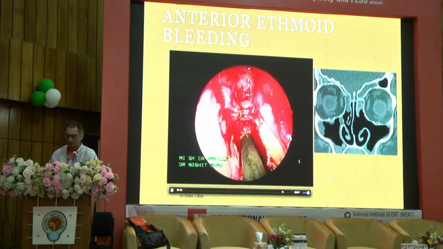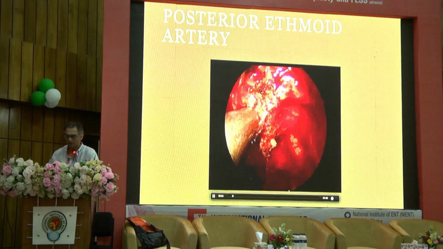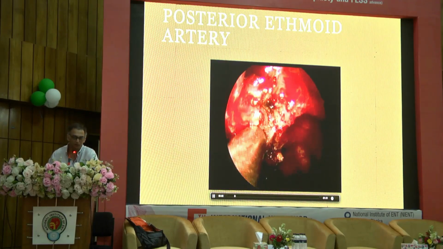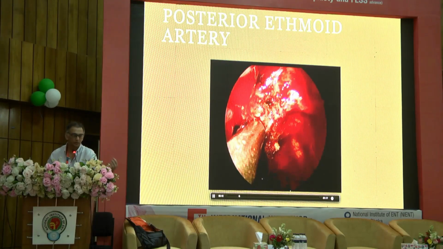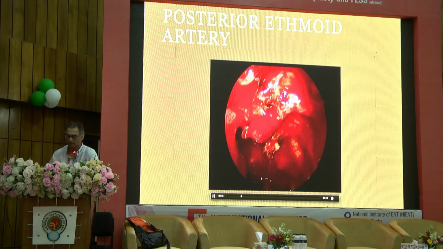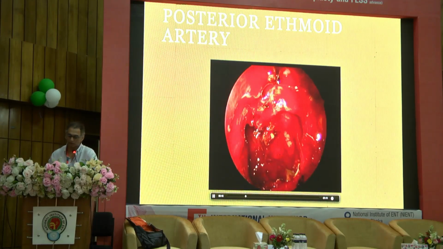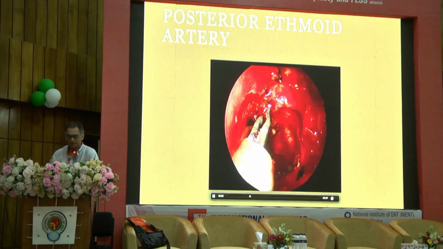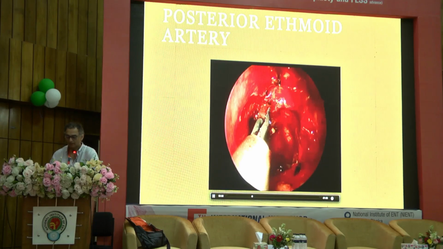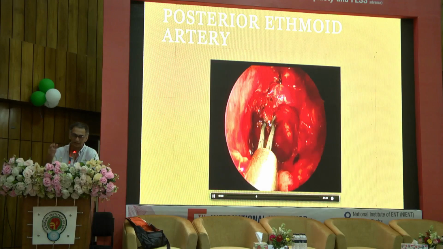Posterior ethmoid artery bleeding is not very common, because usually it's flush with the skull base. In this patient, we were doing a CSF repair and I had to scrape the mucosa off around that area, so we got a bleed here. Now this is a little more posterior, it's a little more difficult to get, and initially when I was trying to bipolar it, I wasn't able to get the exact spot because by the time my instrument went there, it was already bleeding again.